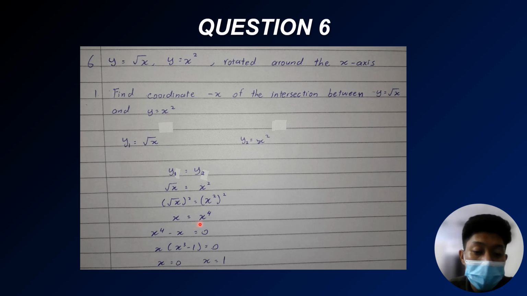So x equals x power of 4, which gives x power of 4 minus x equal to 0. Factorizing, x(x power of 3 minus 1) equals 0. The final answer is x equal 0 and x equal 1.